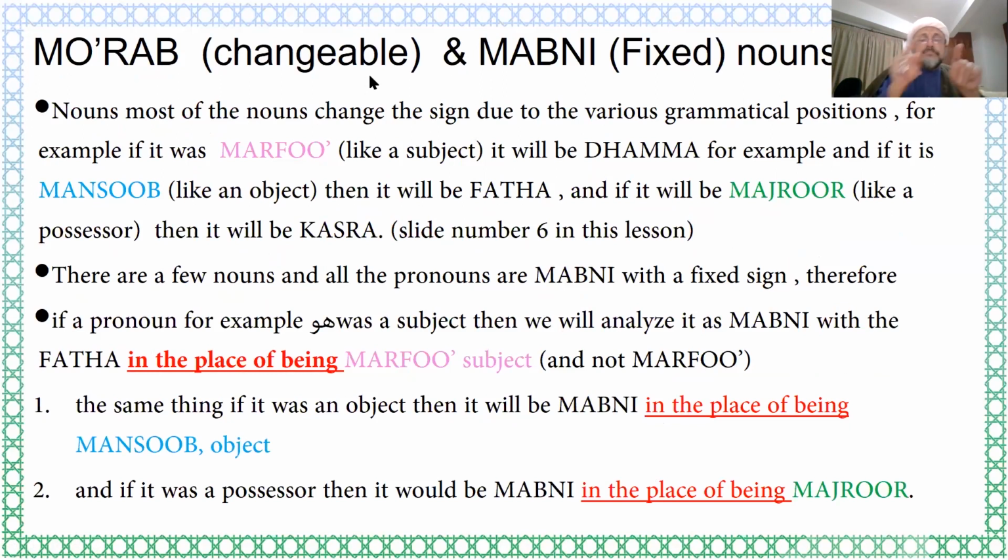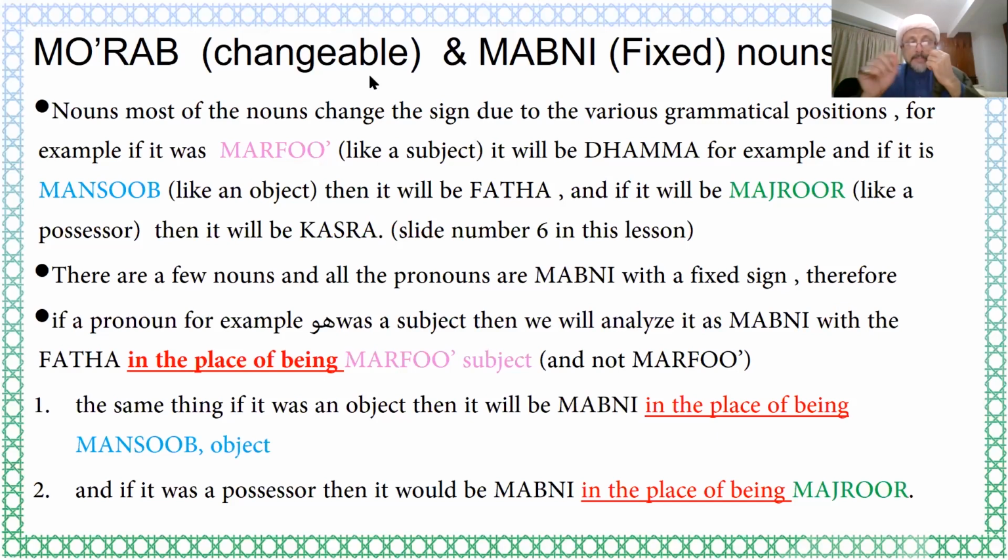We will not say it's marfu', we will say in the place of being marfu', because it's a subject, like huwa. We will say it's fixed with the fatha, but in the place of being marfu'. If it's an object, in the place of being mansub. If it is majroor, in the place of being majroor.